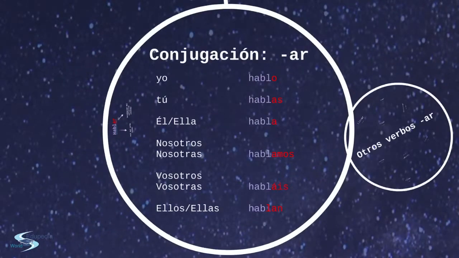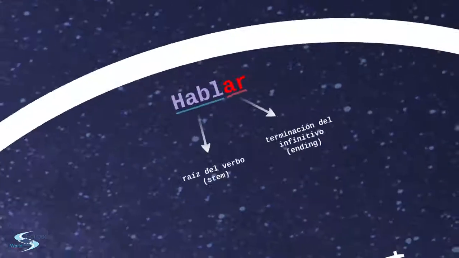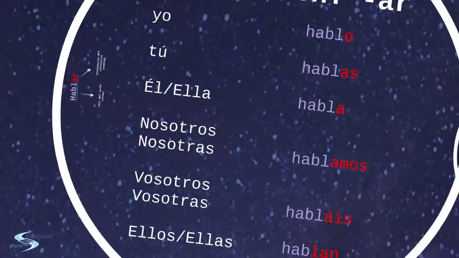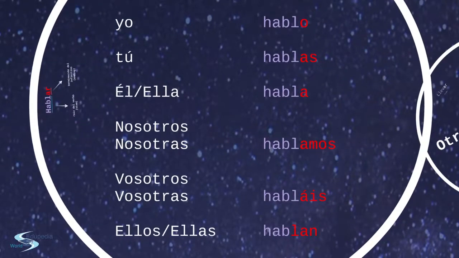So how do we conjugate the verbs ending with ar, such as hablar? Well, as I said before, you can divide the verb in the stem, raíz del verbo, and the ending, terminación del infinitivo. The ending would be ar. And how do you conjugate? You'll see in purple the stem, the raíz, and in red the ending and the conjugation, okay?